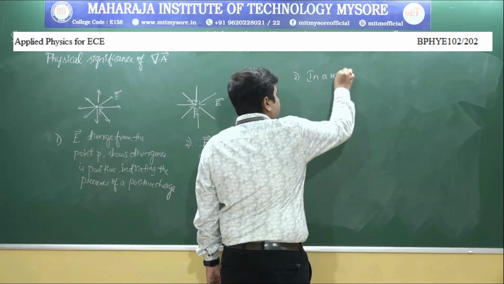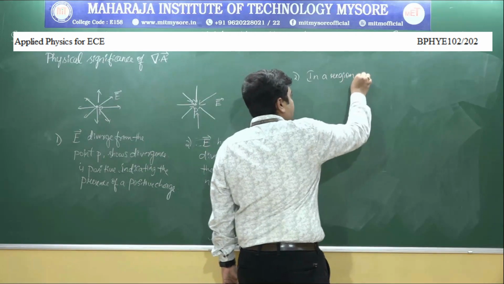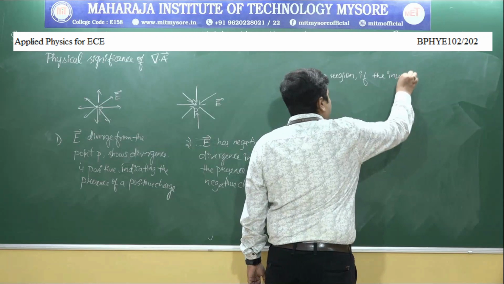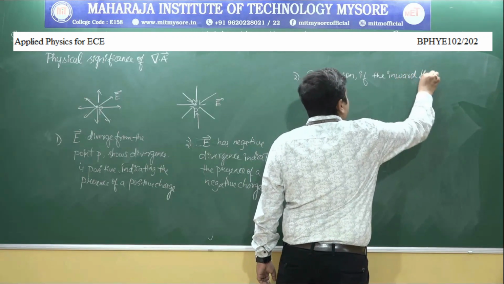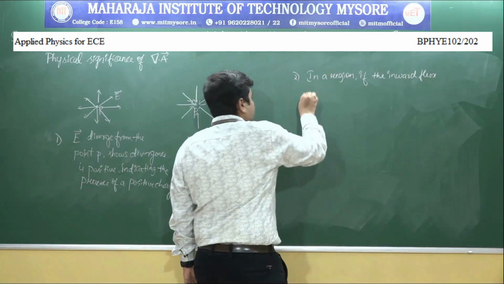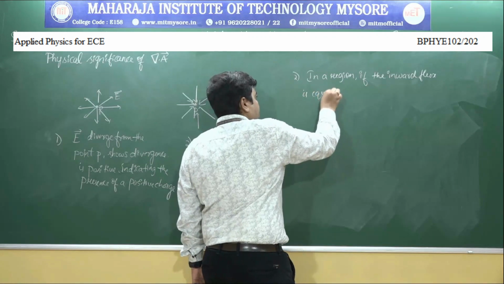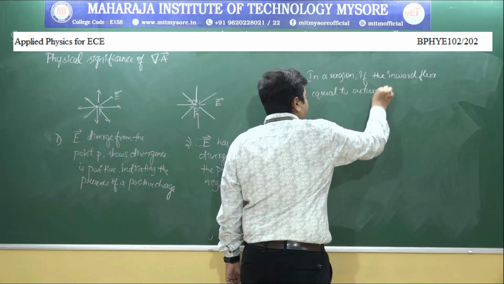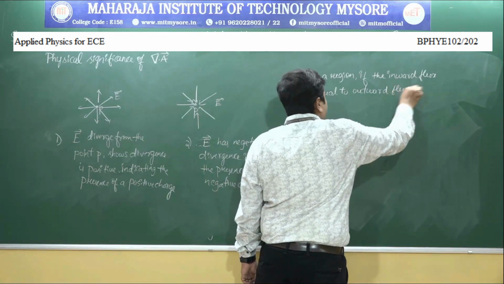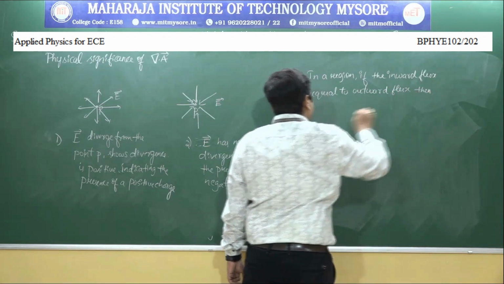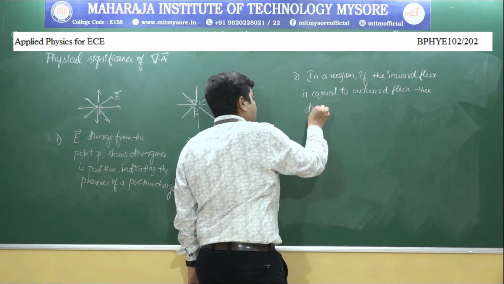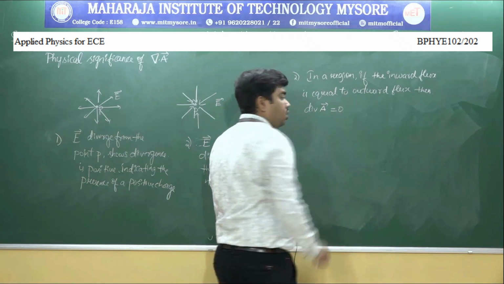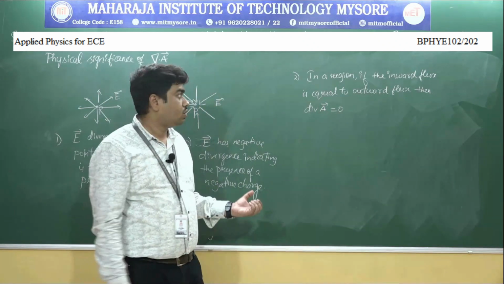In a region, if the inward flux is equal to the outward flux, then the divergence of that particular vector A is equal to 0.